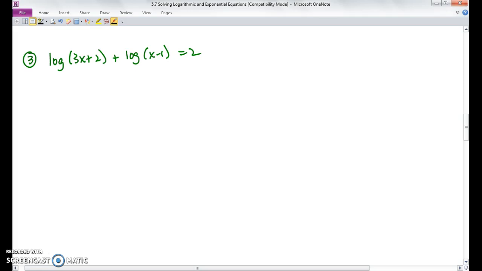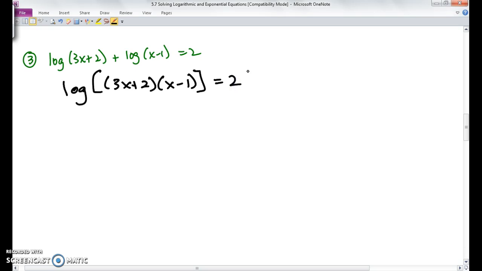Yeah, so we're going to use our product law again and make a single log on the left. Now we can change that 2 into a single log. Or, at this stage, because we have a single log equal to a constant, we can change it into exponential form.